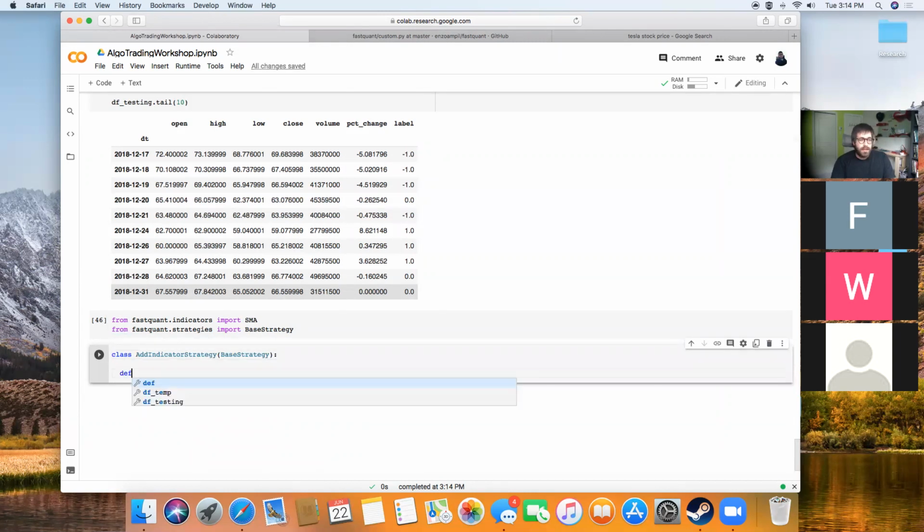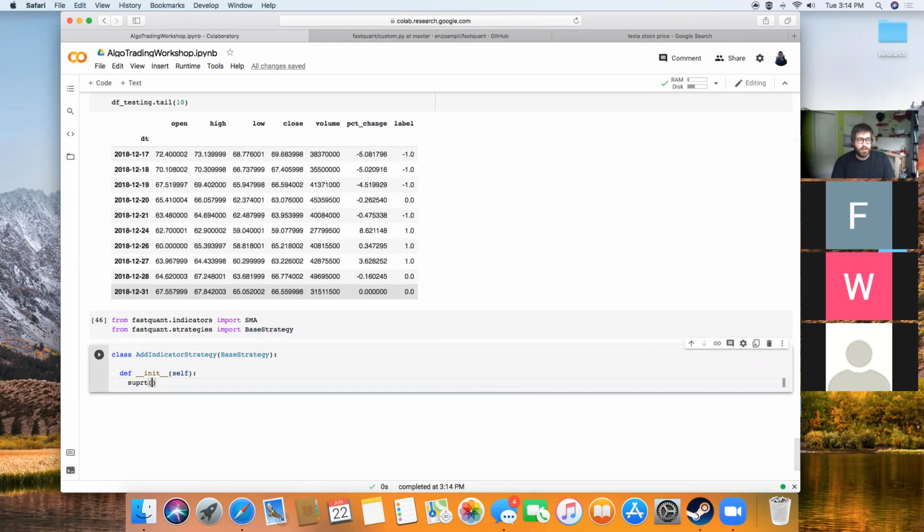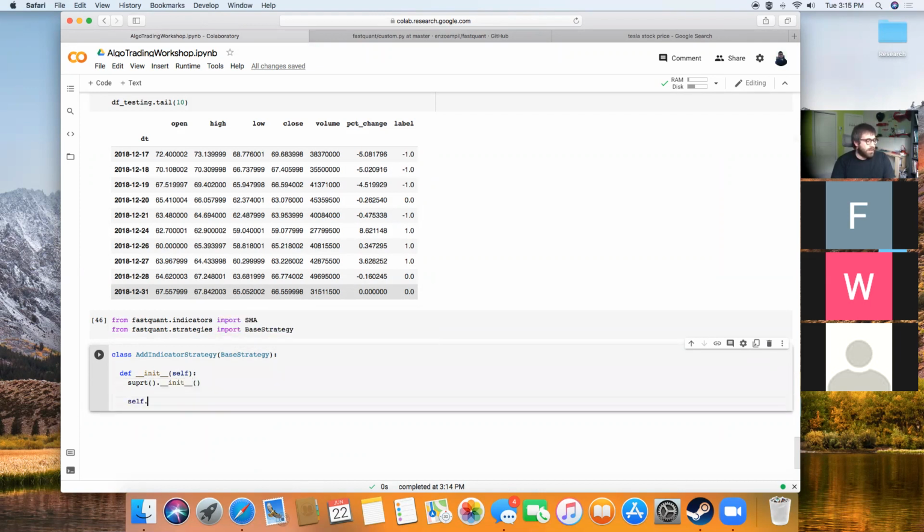And inside the initialization, first thing I'm going to call the super initialization function. And then I'm going to just create two indicators.